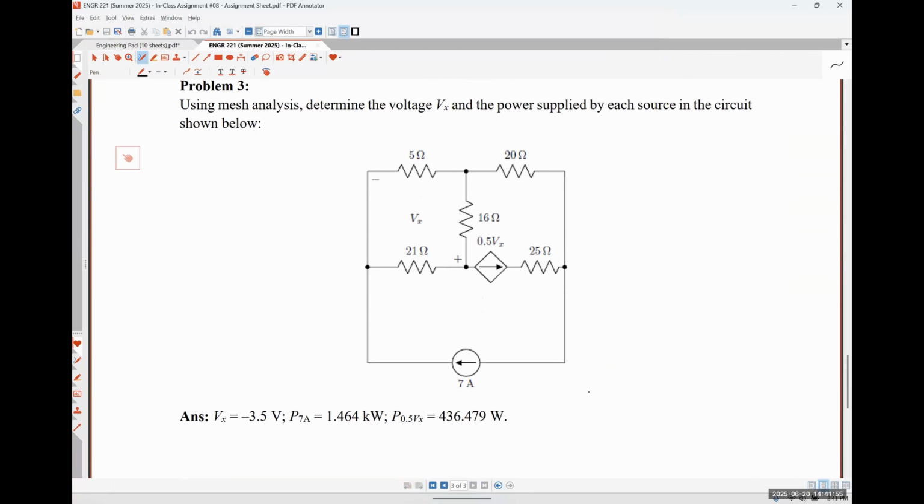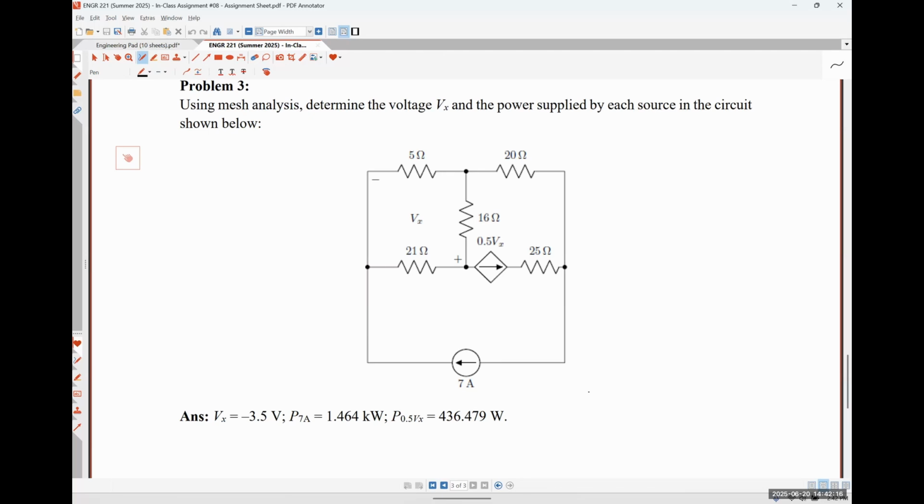We're asked to use mesh analysis to determine the voltage Vx and then also the power supplied by each of the sources in this circuit. So we're going to use this as an example of not only mesh analysis, but also what you can do with mesh analysis in terms of finding unknown voltages and things like that as well.